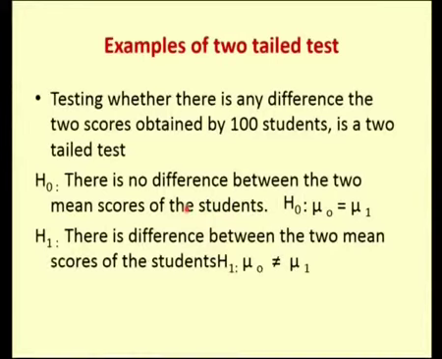If there is no difference between the two mean scores of the students, then mu naught is equal to mu 1, and in your alternative there is a difference between the two mean scores, that is mu naught not equal to mu 1. That means you can state either that mu naught is less than mu 1 or mu naught is greater than mu 1. So, it happens on both sides of the tail, therefore, we call this a two-tailed test.